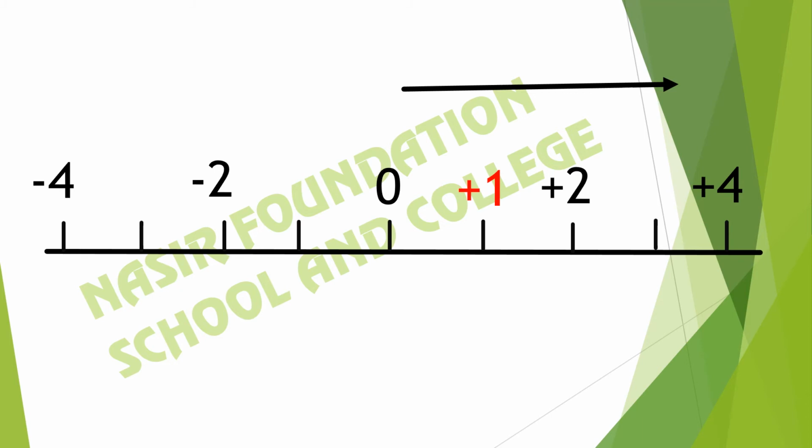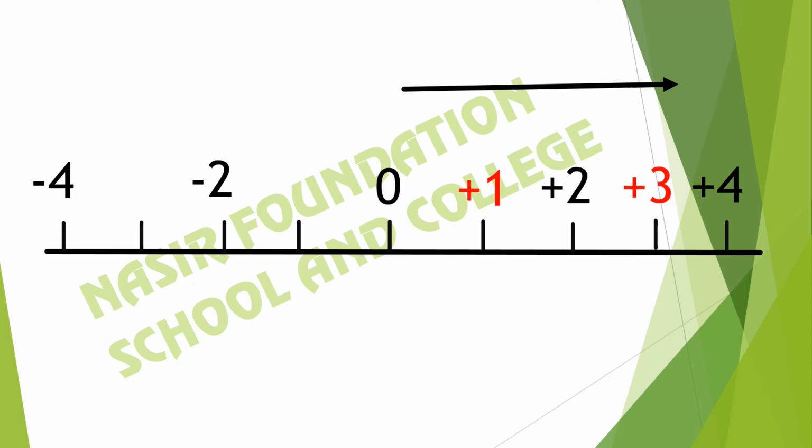After 0 it comes 1, and which sign we will use? Plus. We will write plus with this number. Then the next number is +2. What comes after plus 2? It comes plus 3. And then next number is plus 4.